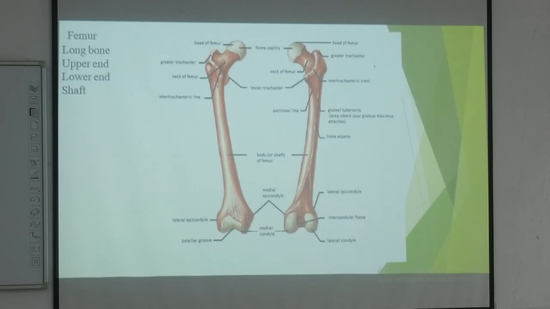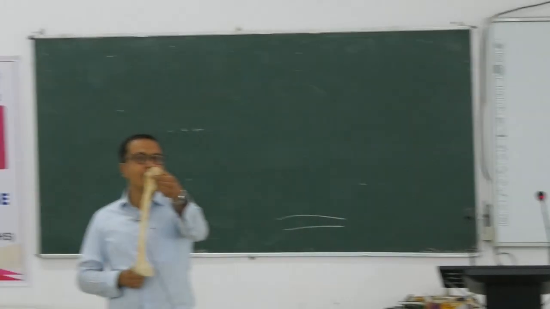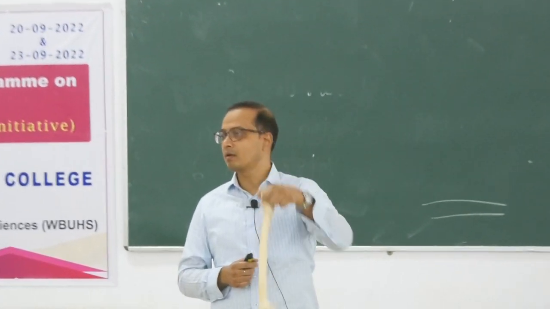And the head has a depression on it, which is present on the medial side. We call it the fovea, not fear, F-O-V-E-A, fovea. So this part we call the head, a circular or semicircular part.